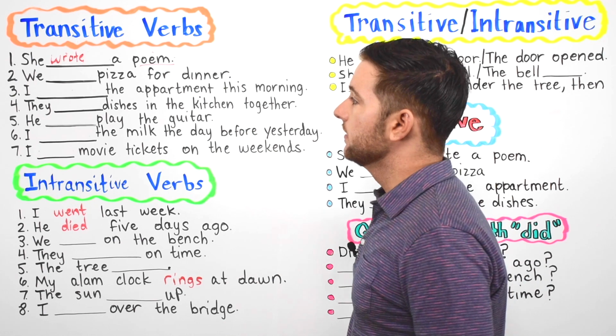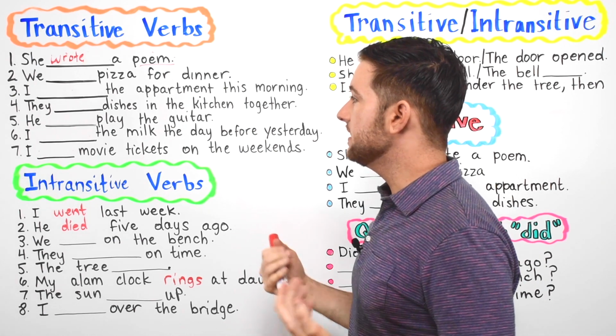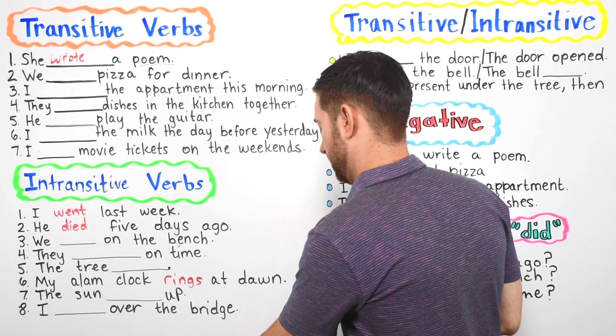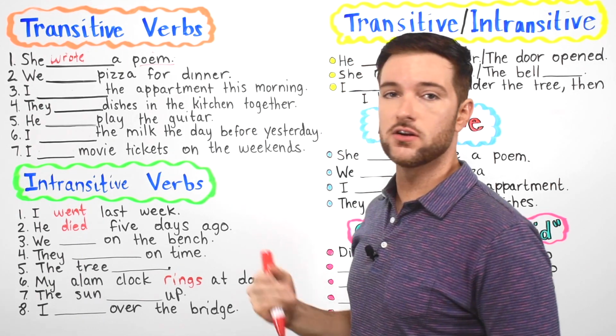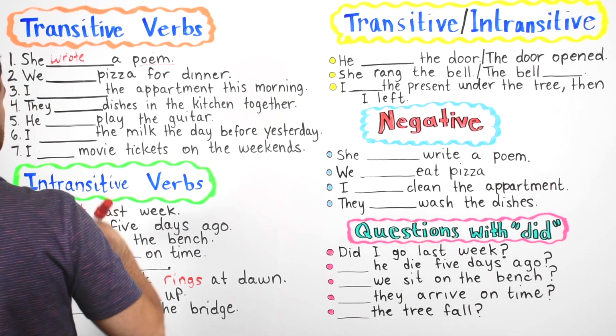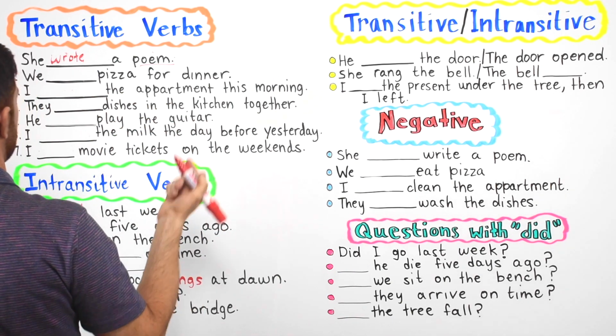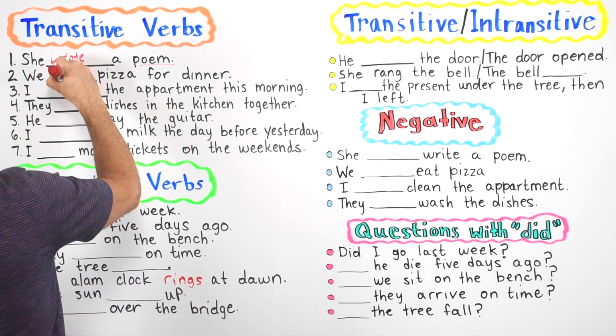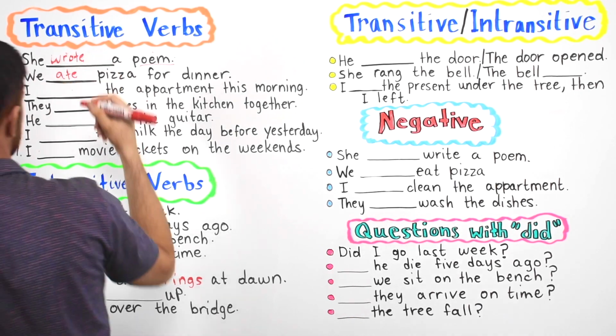Number 2 says, we blank pizza for dinner. Obviously, we're going to say we eat pizza for dinner, or if you want to talk about the past, you could say we ate pizza for dinner.